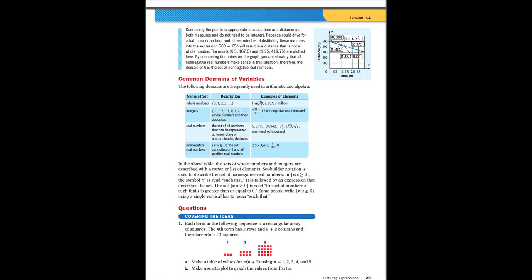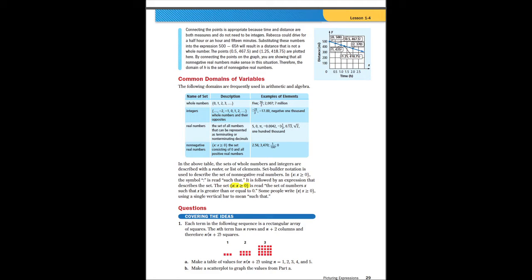Now, one of the things I want to point out, it kind of gets overlooked in this lesson. It's important that you know it because it's going to come up again, and that's what's called set builder notation. Set builder notation is right down here, and it's this bit right here that I just highlighted.